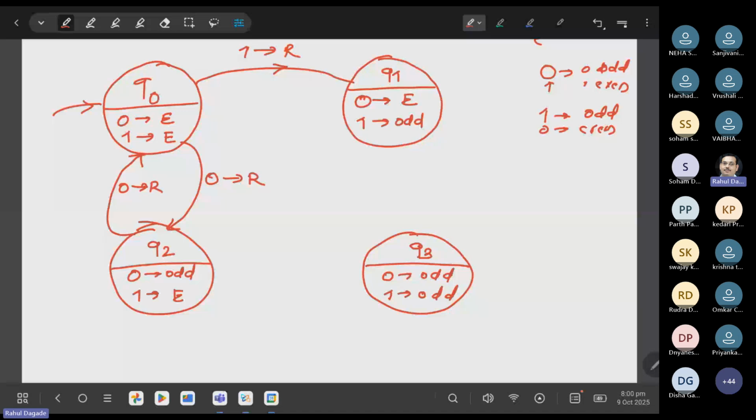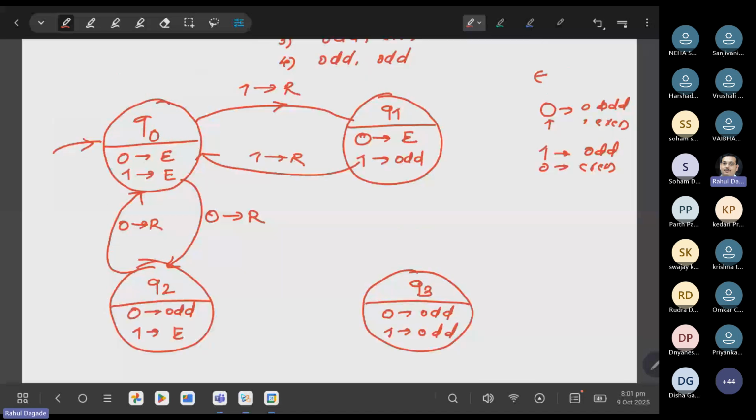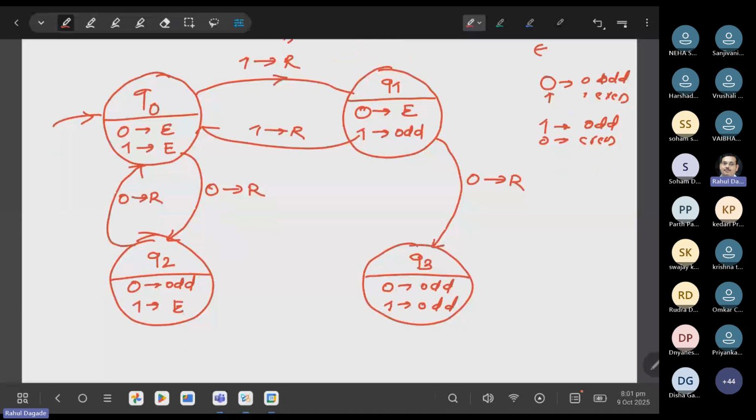Now let us take a Q1 state, if I get 0, what will happen? 0 will become odd and 1 is odd previously. That means when I get 0, then I'll come to the state where 0 is odd.